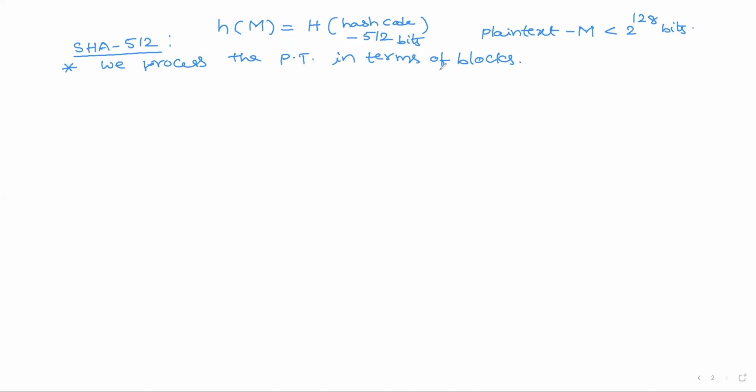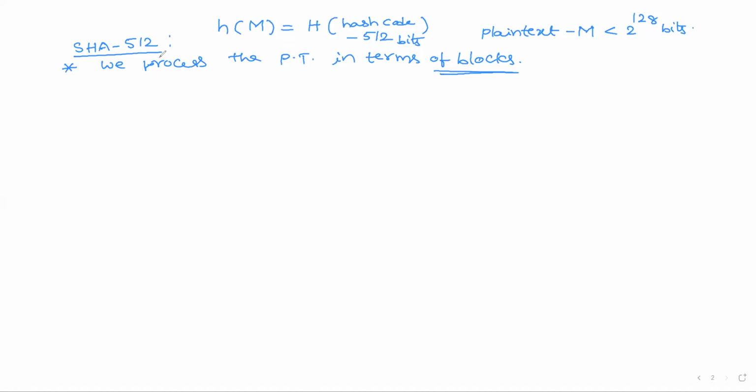In the previous unit, every encryption algorithm that we discussed, like DES, AES, Blowfish, all those are block ciphers. They take one block of plain text and encrypt.